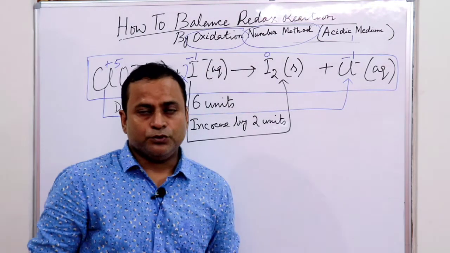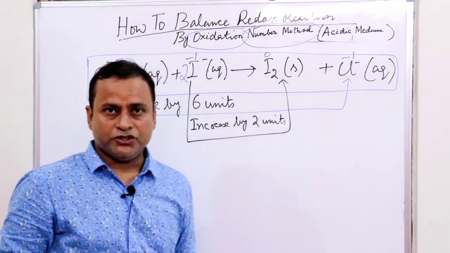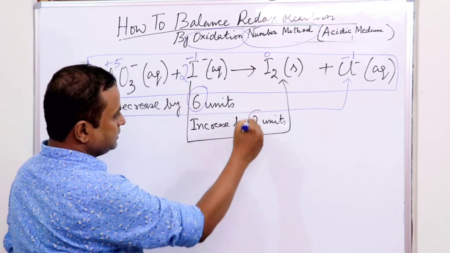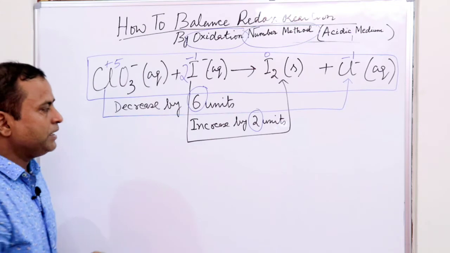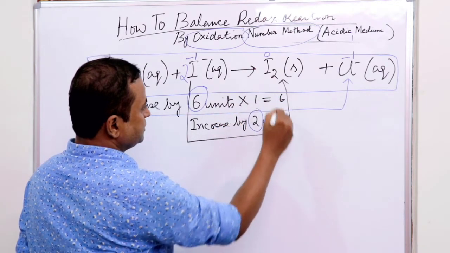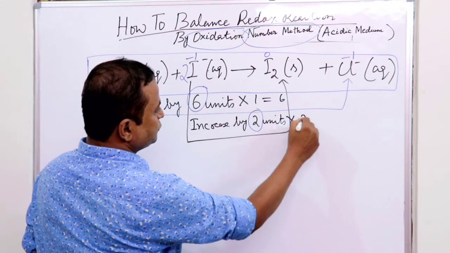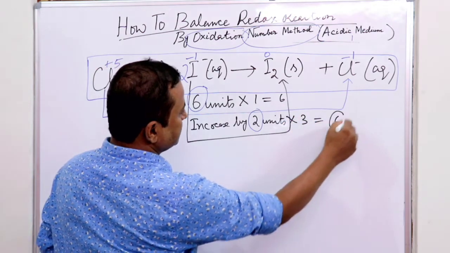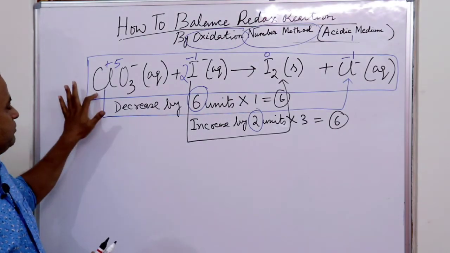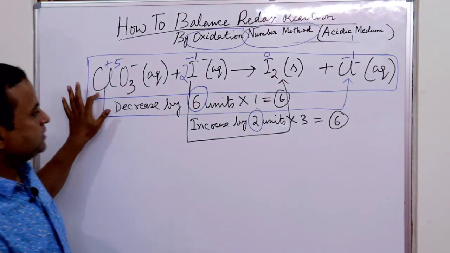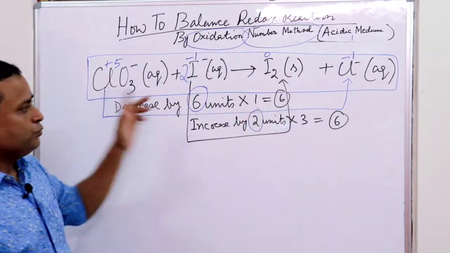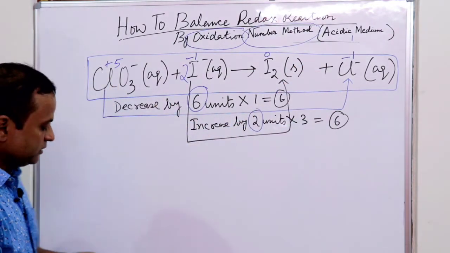Next step is that we have to balance this change in oxidation number. So here this number is 6, but here the number is 2. How can we balance them? We can balance them by multiplying 6 with 1, which will be equal to 6, and multiplying 2 with 3, that will also be 6, and they will be balanced. So this means we will multiply the species ClO3 minus and Cl minus with 1. We are not required to write that 1.